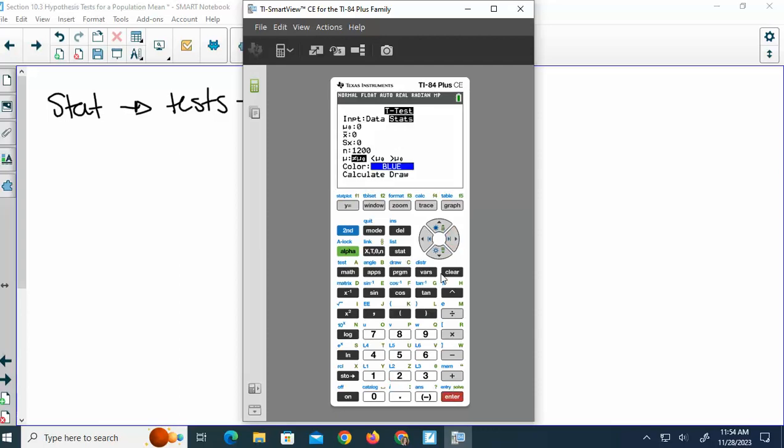Okay, the mean of the null hypothesis. What was that? Okay, the x bar, the mean of our sample.